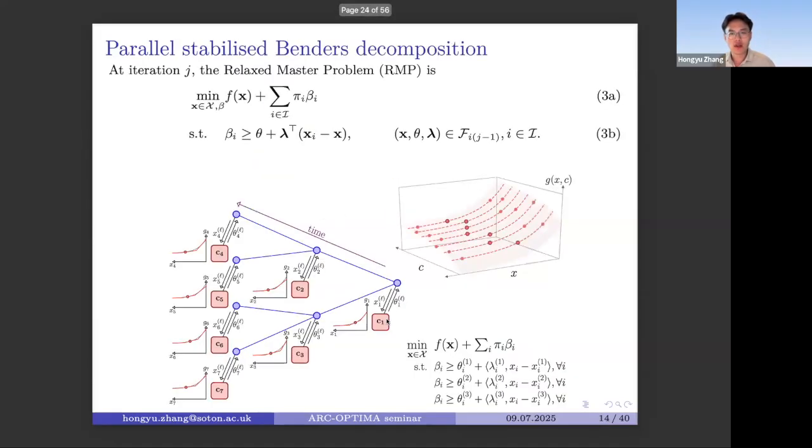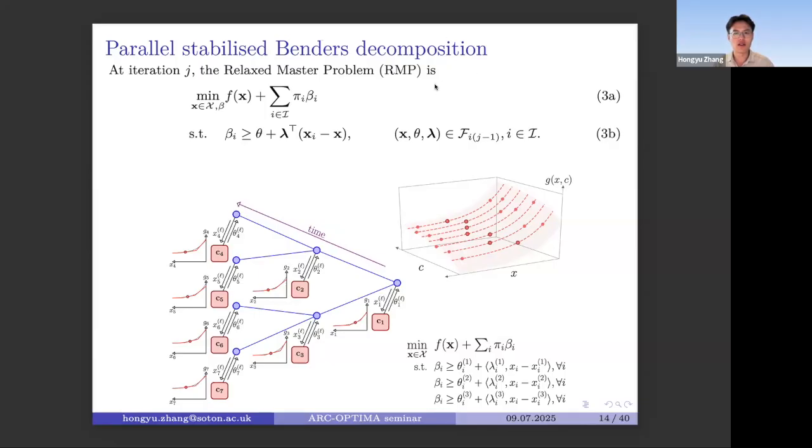So I think this is the basic idea of the Benders decomposition and there's some geometric illustration. For the sake of time, I will not go into the details of the pseudocode and stuff. But if you look at the title here, parallel stabilized Benders decomposition.